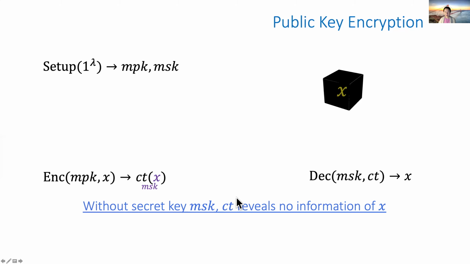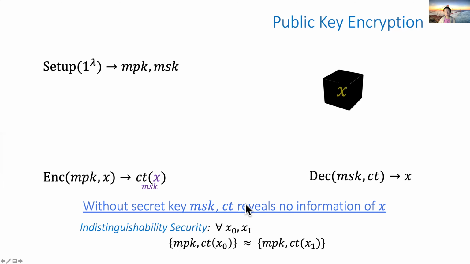So the security notion that a ciphertext leaks no information about the encrypted input is formalized in cryptography through the language of indistinguishability. We require that, given the master public key, the ciphertexts of any two different inputs, X0 and X1, are in fact indistinguishable.